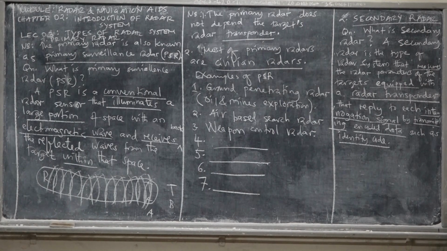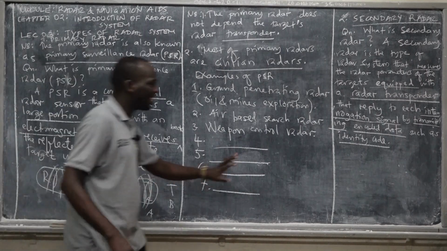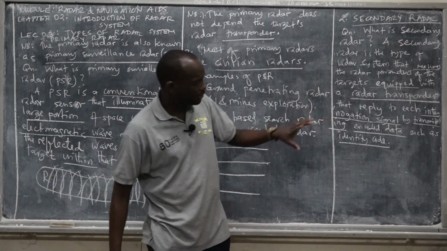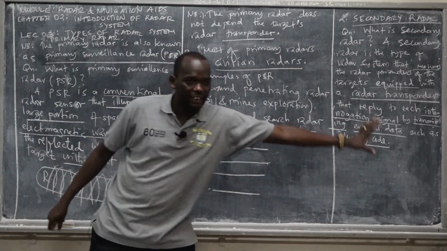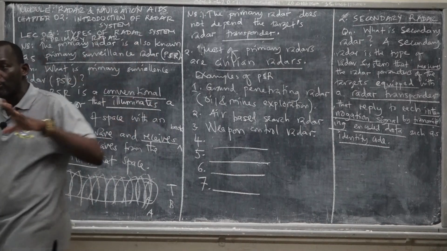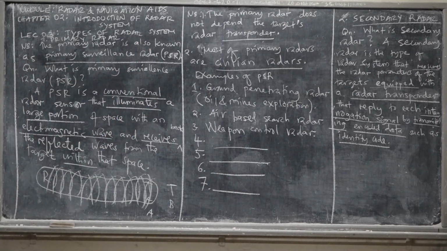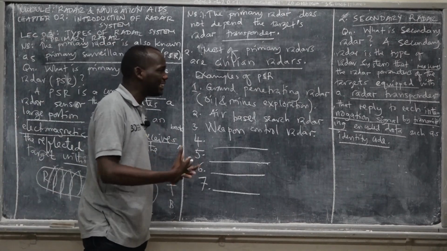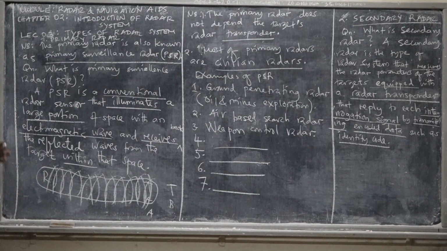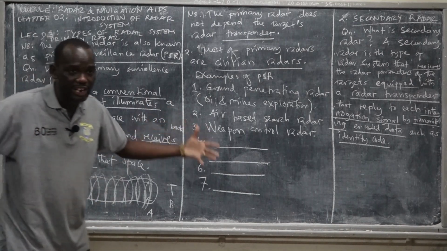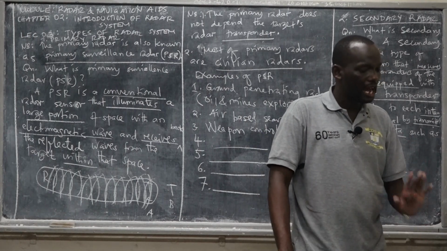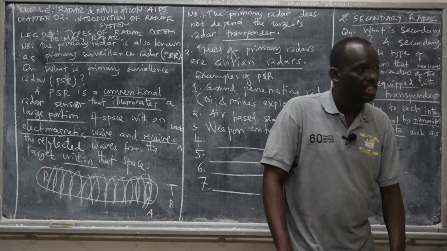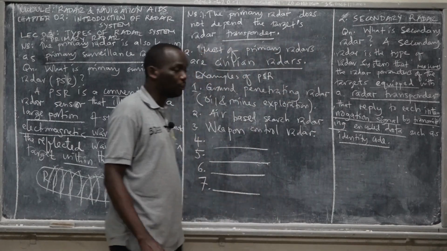So this is focusing on interrogation between the radar and the target. It is not focusing on transmitting electromagnetic waves and receiving the reflected ones. So this type of radar cannot measure the radar parameters of targets which are not equipped with radar transponders. Are we together? Listen carefully, and ask questions if you need further information.